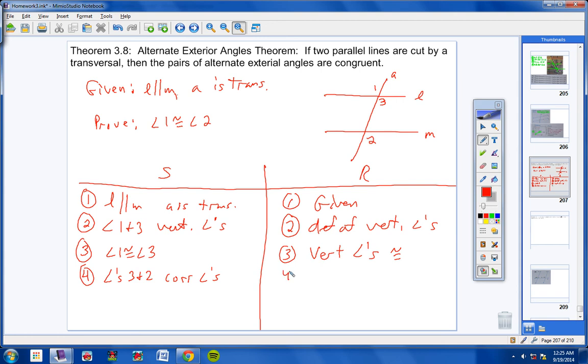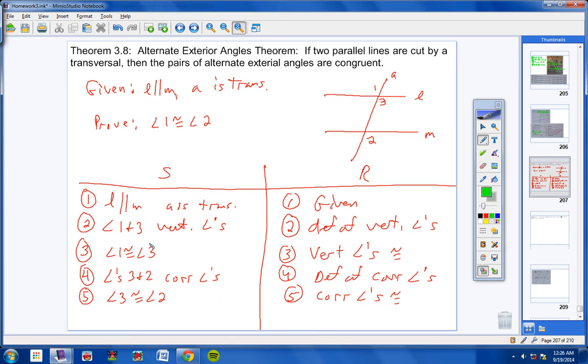And of course, the reason would be definition of corresponding angles, okay? And then I can state that angle 3 is congruent to angle 2, and the reason for that would be corresponding angles are congruent, okay? Now look what I've got in step 3. I'm going to change colors here.